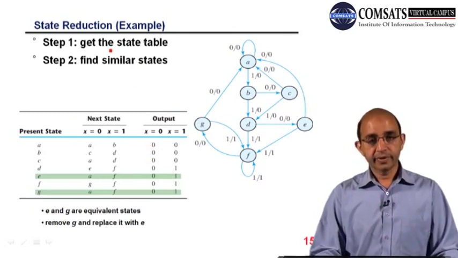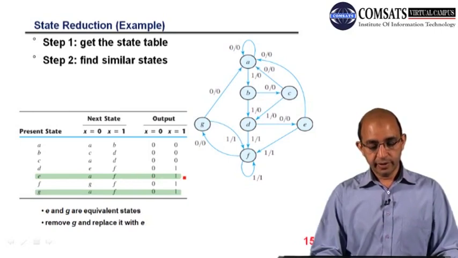After getting the state table, we need to look for similar states. If I look at this row, we have present state E with next states A, F and outputs 0 and 1, and G with next states A, F and outputs 0 and 1.